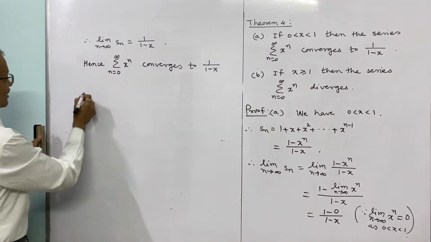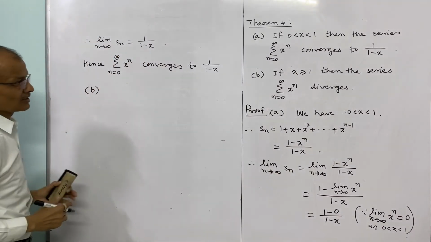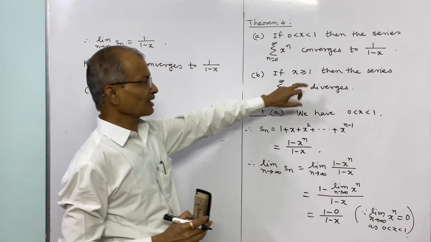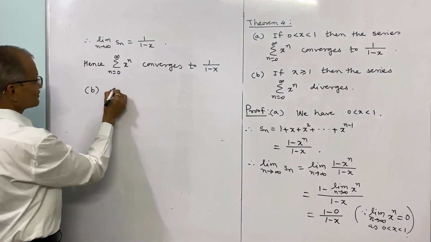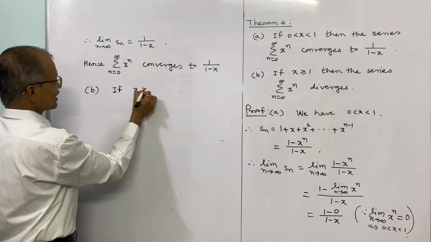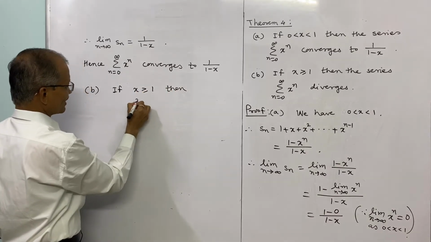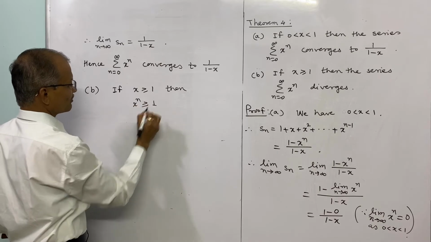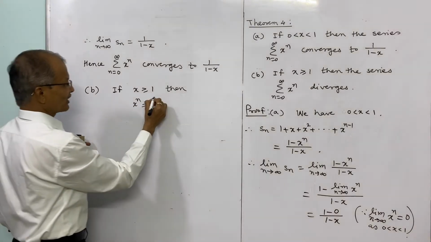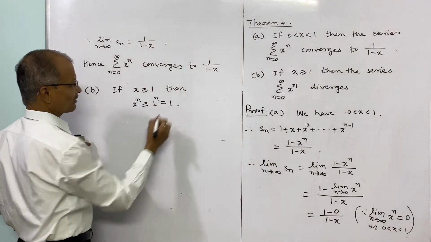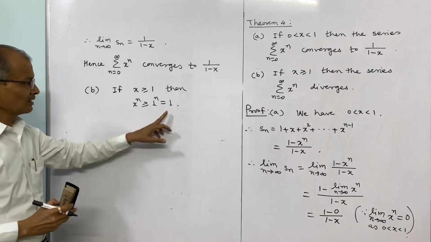Now we shall consider part B. What is given in the second part? x is greater than or equal to 1. If x is greater than or equal to 1, then we will have x to the power n also greater than or equal to 1 to the power n, and 1 to the power n we know is 1.